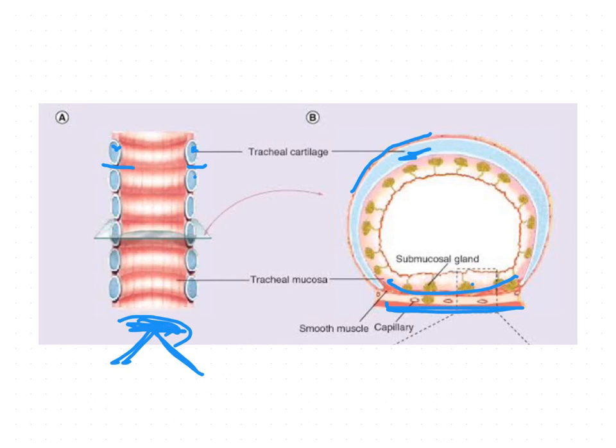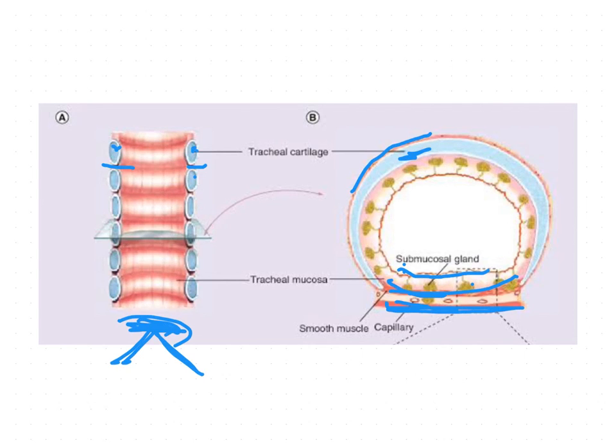This is the smooth muscle, that is trachealis. And this is the submucosal coat, which is loose connective tissue with large blood vessels, nerves and mucous glands. And over this you'll have the mucous membrane.